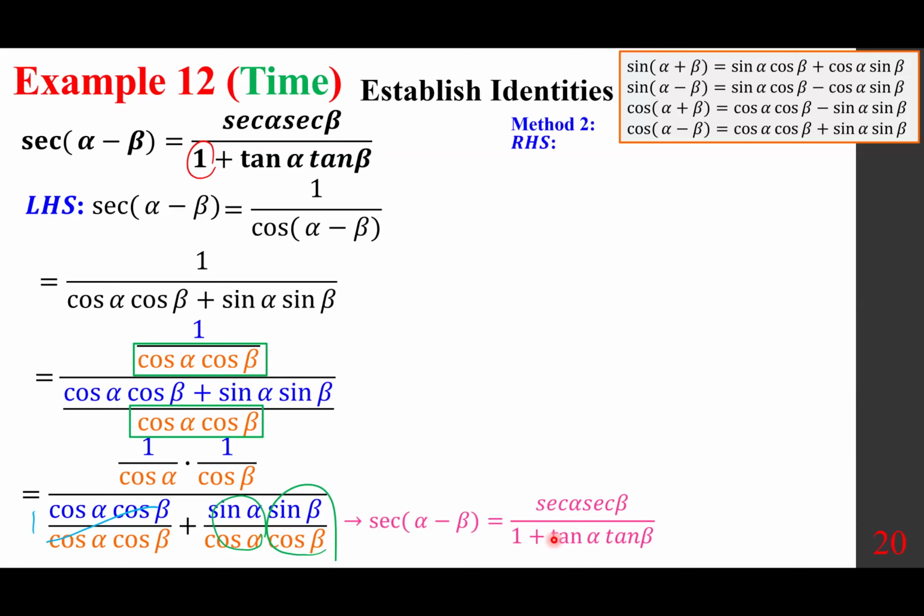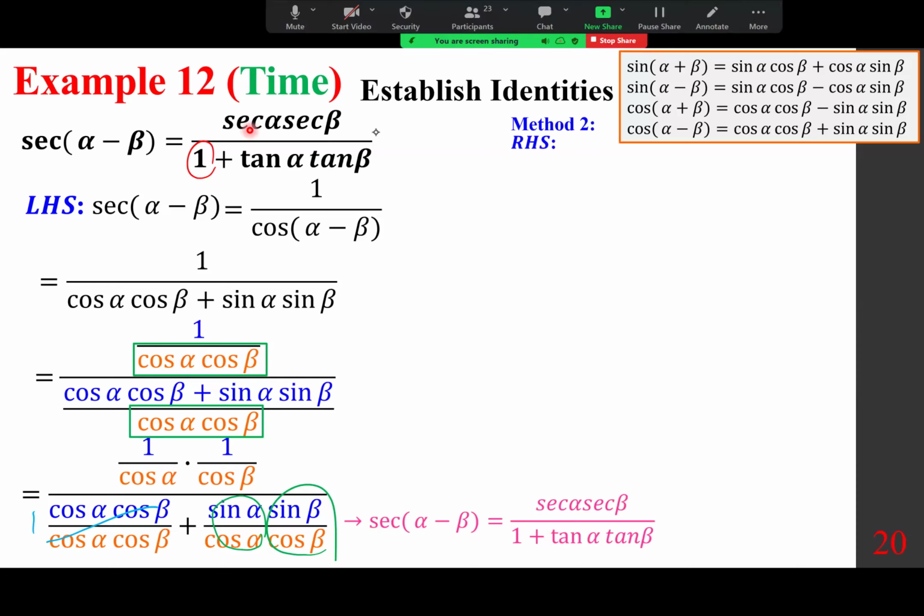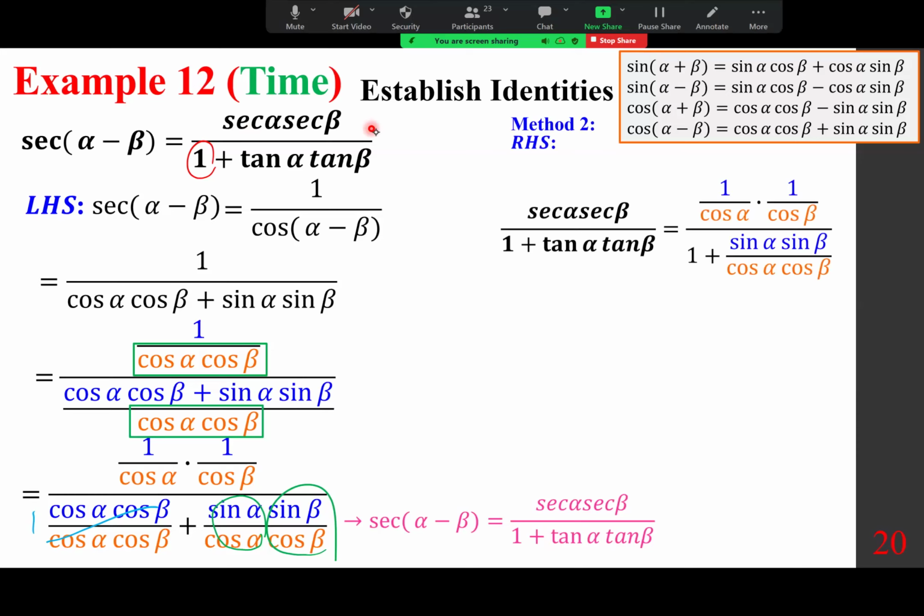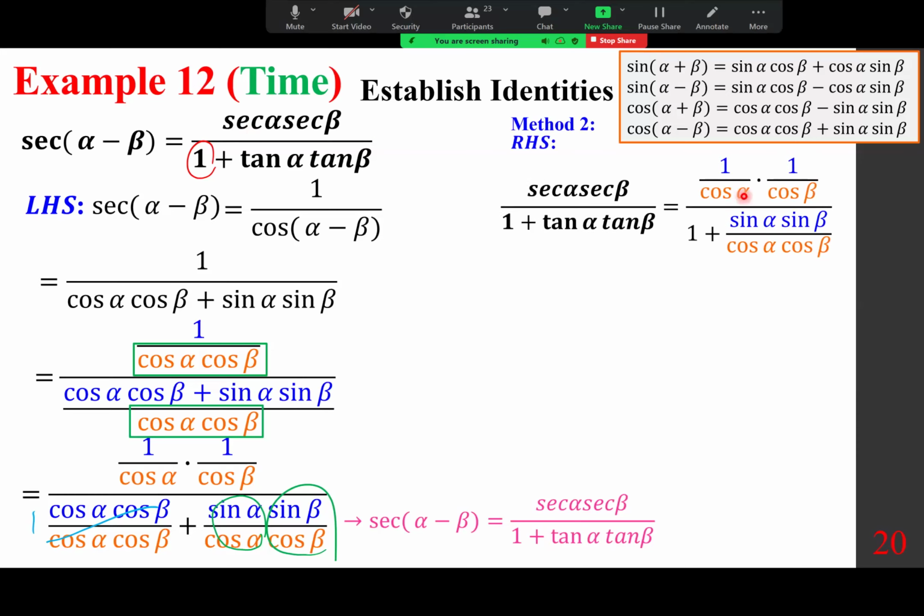This would be a second method. I just want to show you sometimes, because the right side is pretty complicated too. And so what we do, we write the right-hand side, and secant is 1 over cosine. Tangent is sine over cosine accordingly.